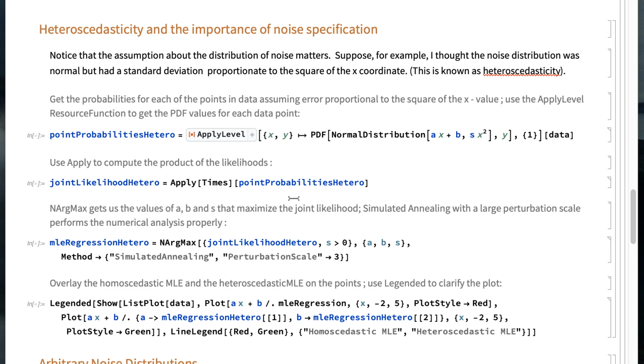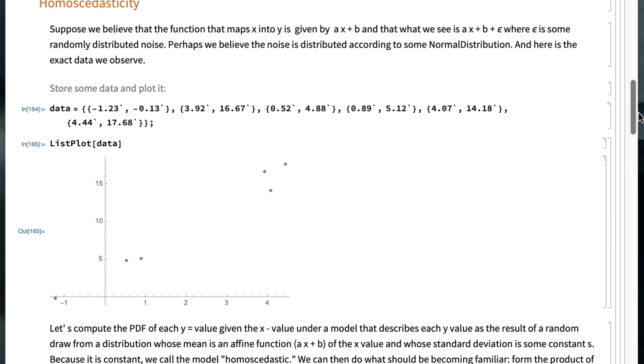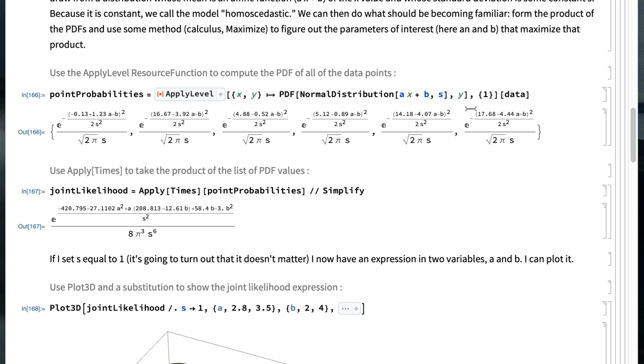What we just did was maximum likelihood estimates for regression given what's called homoscedasticity, which means that the noise is constant. That is, if we look at our expression here, what we see is that this is independent of x.